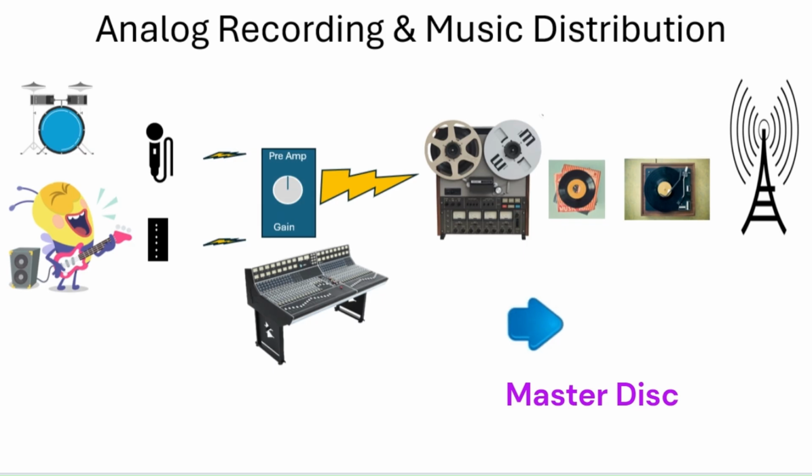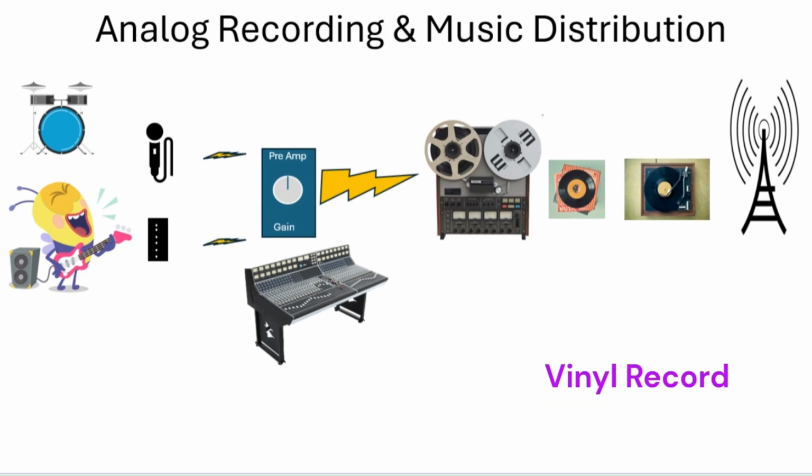That was handed off to an individual who actually converted that sound coming from the tape into a machine that cut the grooves into what is referred to as a master disc. Once that disc was created, all of the subsequent copies of the disc, the vinyl records that you would buy and that would be distributed, were made from that master disc.